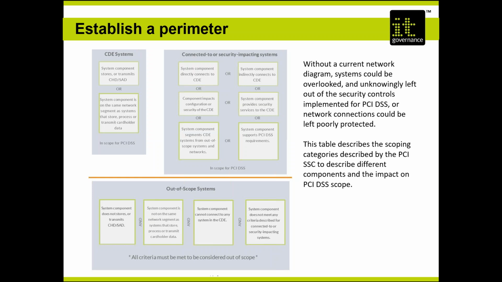If any of those systems are compromised, then they could compromise the CDE, or if they're a firewall, they will provide that level of protection at the perimeter. And then you've got hopefully a large number of systems that are out of scope that wouldn't interact with the environment.